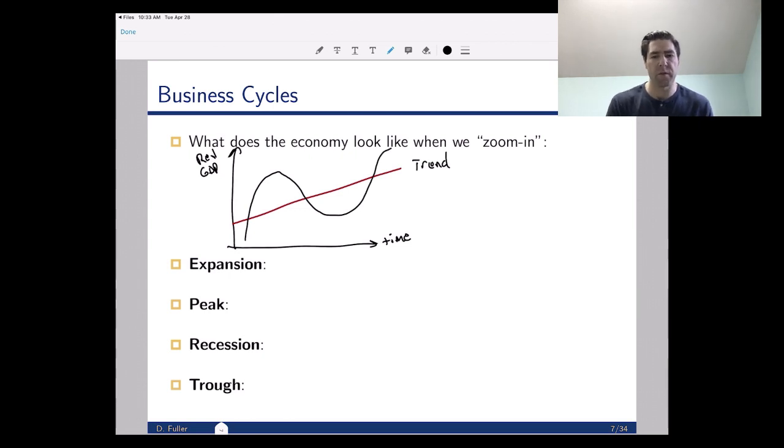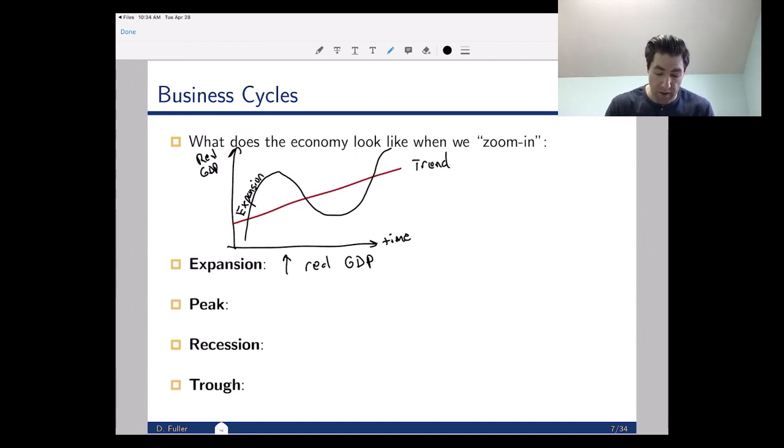That was obvious around the Great Depression, but in the other years it wasn't that clear. We'd have to zoom in much closer. And it's this picture that defines a business cycle. An expansion is simply increasing real GDP. An expansion is this part right here, where GDP is increasing.